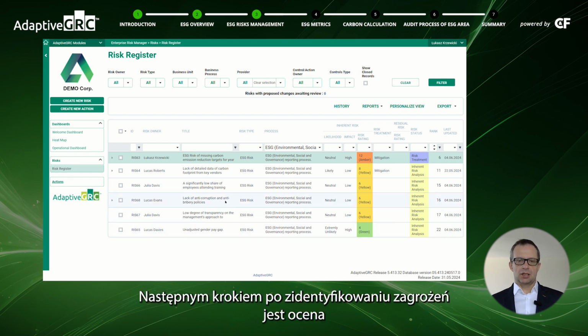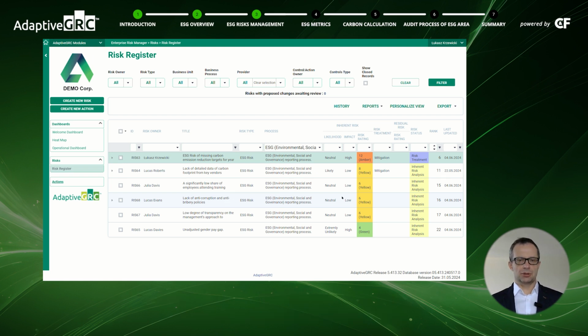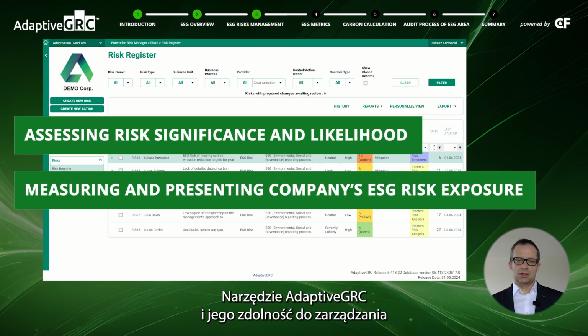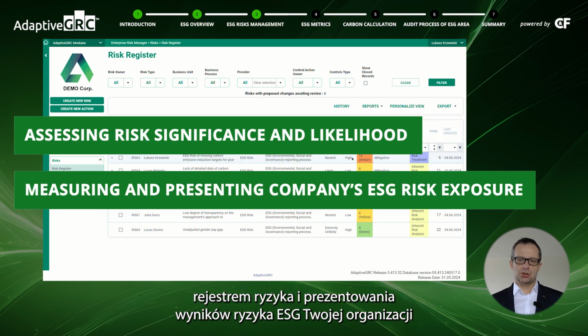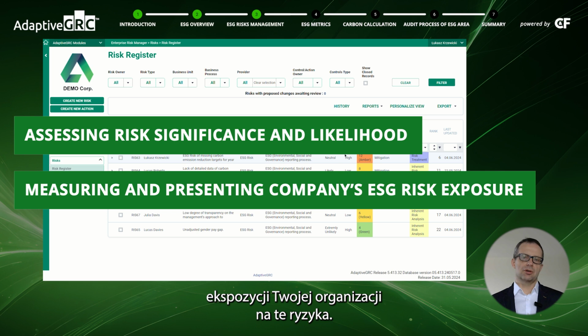Once risks are identified, the next step is to assess their significance and likelihood of occurrence. The AdaptiveGRC tool and its ability to manage a risk register and present your organization's ESG risk scores with a risk heat map can be used to measure and present your organization's exposure to these risks.